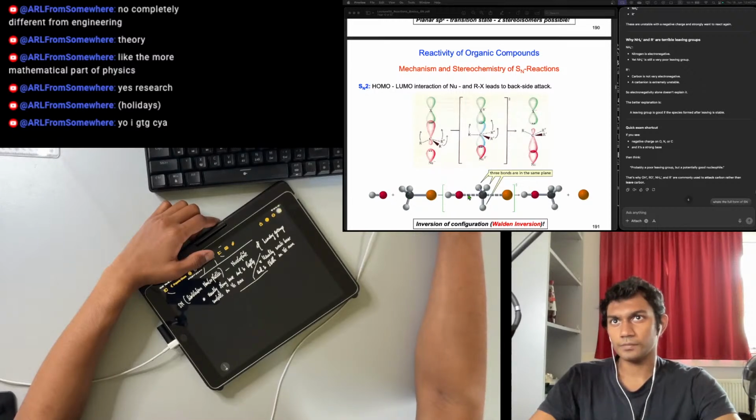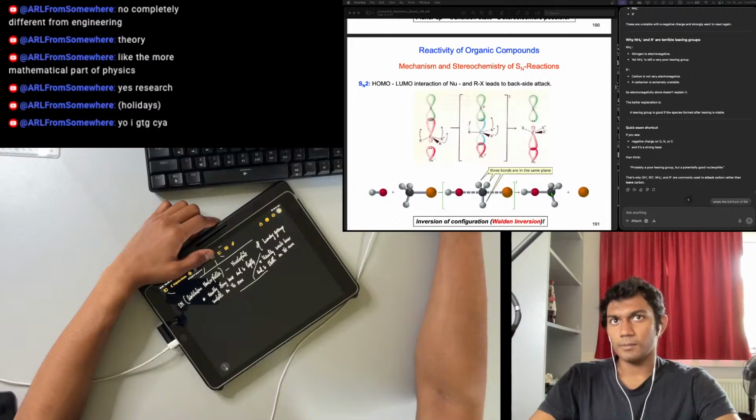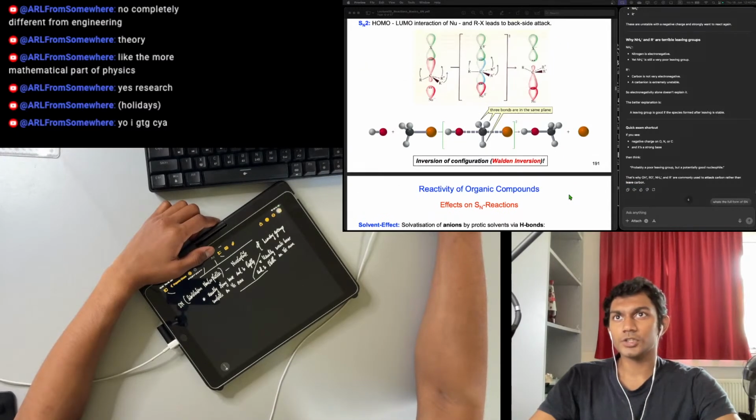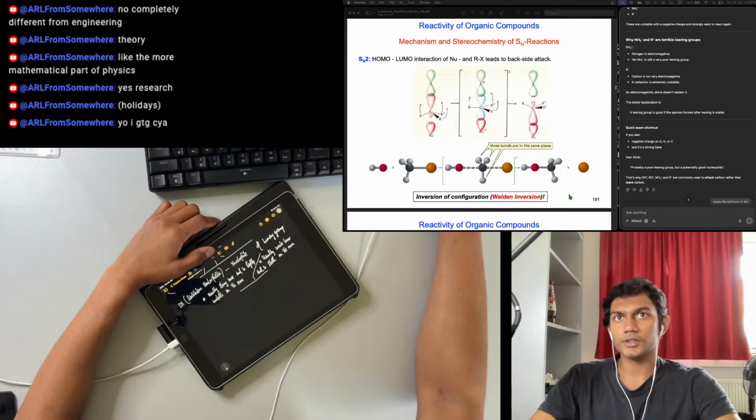The nucleophile comes up, bonds. The three bonds on the carbon are in the same plane. Now it's on the same plane, and then the other side gets pushed out. Inversion of configuration, Walden inversion.